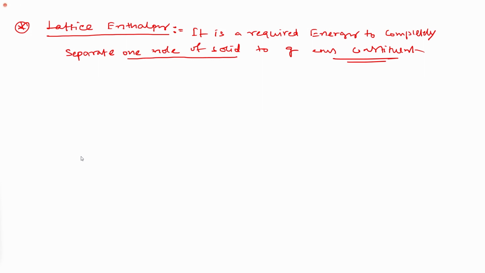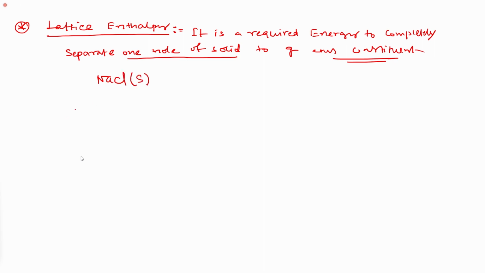So what is the meaning of this line? Lattice enthalpy means some amount of energy needed to completely separate one mole of the solid to its corresponding gaseous constituents. Suppose, for example, I am taking NaCl.